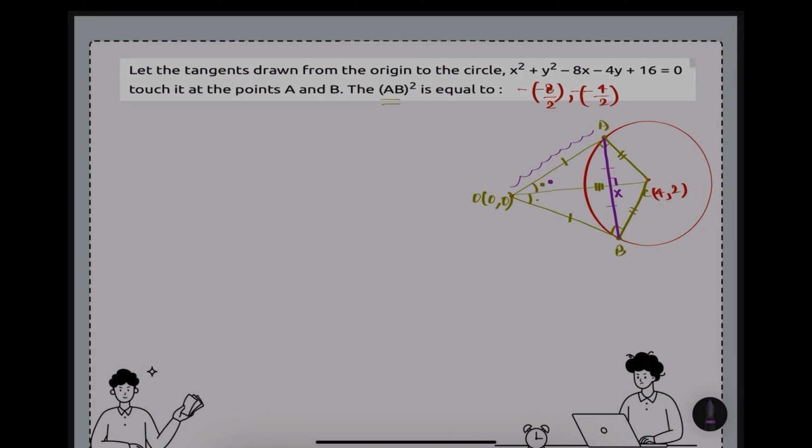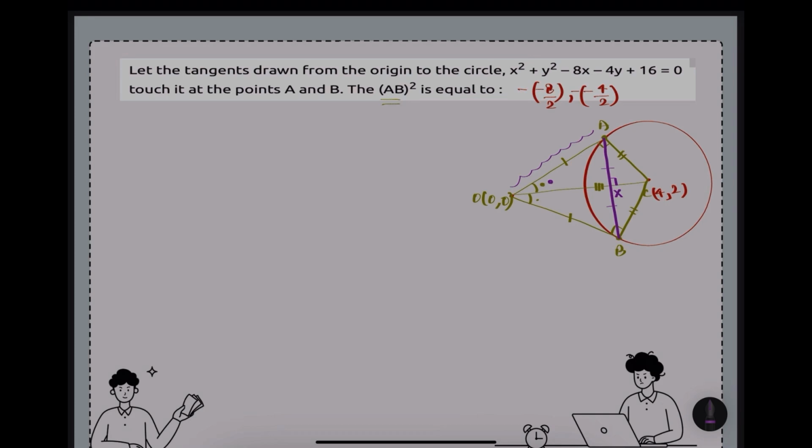If you know two parts of a triangle, one side and the angle, can you find this side? So if you find AX, don't you think AB will become 2 times AX? So you got your AB, and if you have AB, you can find AB square. Is that okay? I hope the idea is clear.